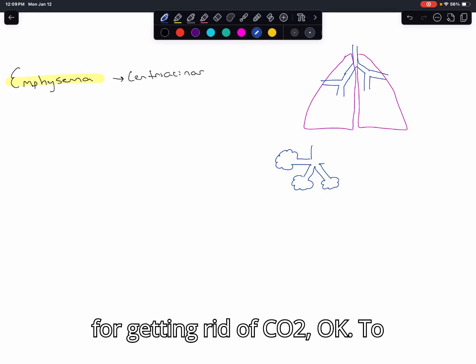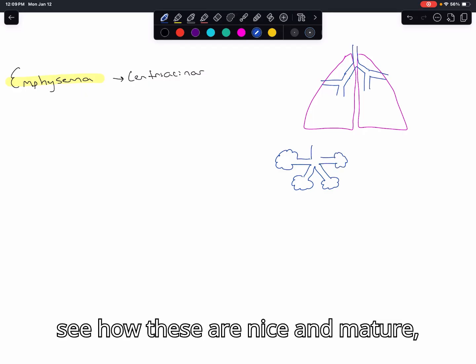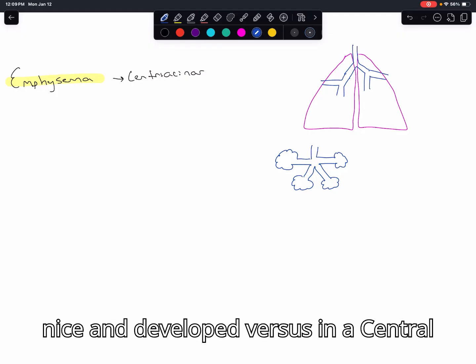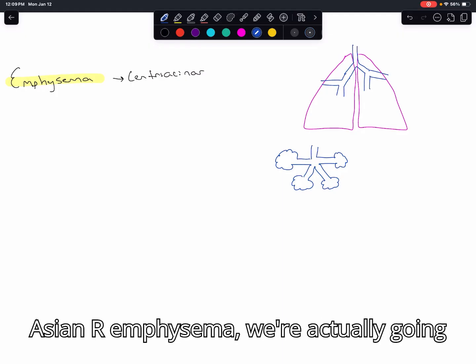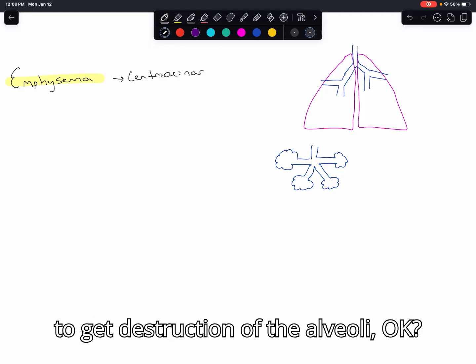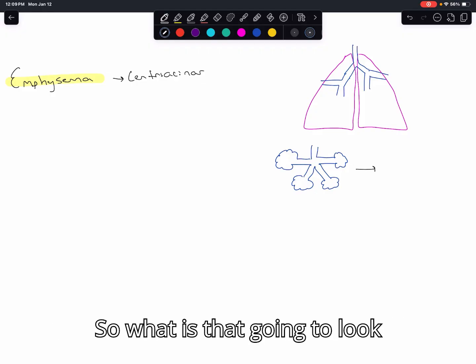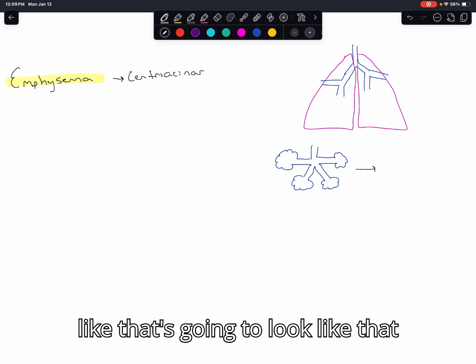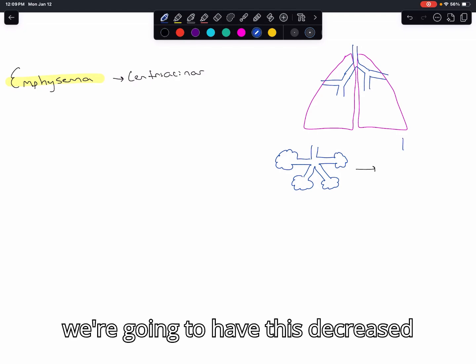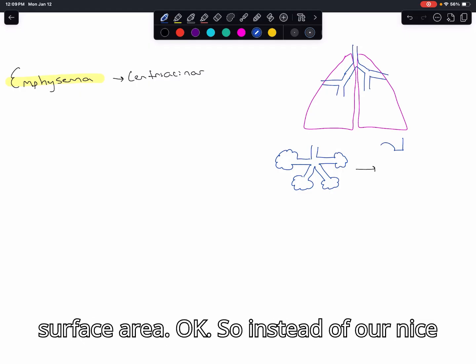See how these alveoli are nice and mature, nice and developed, versus in a centroacinar emphysema, we're going to get destruction of the alveoli, okay? So what is that going to look like? That's going to look like decreased surface area.